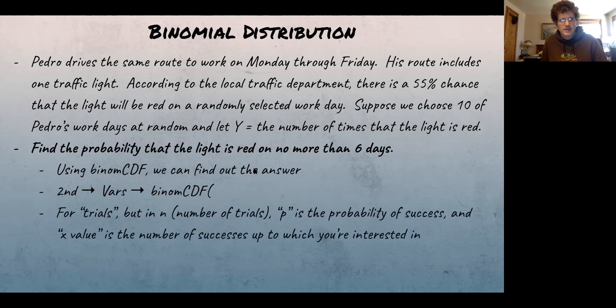Okay, so again, we have trials. So trials is still going to be 10. We still have a probability of 0.55. And the X value here is the number of successes up to which we're interested in. So we want to find out the probability that there's red on no more than 6 days. So our X value here is going to be 6.